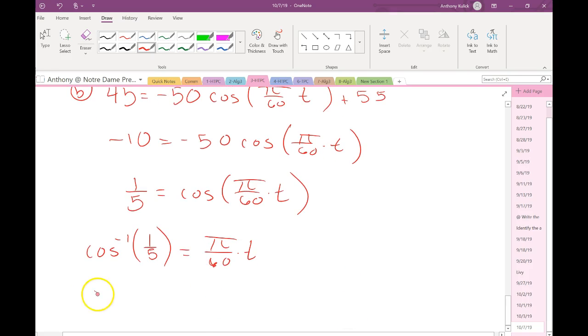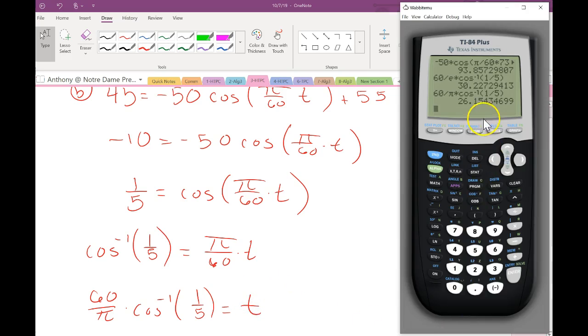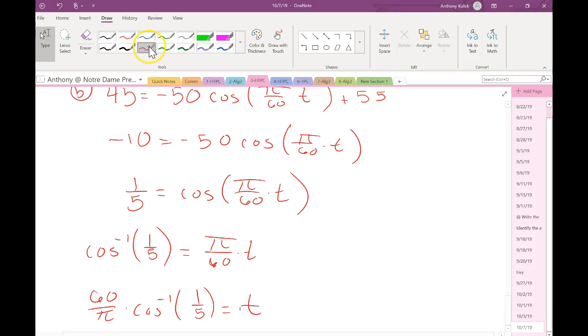And then we'll just multiply both sides by the reciprocal. And we're done. When I type that into my calculator, I get 26.15 seconds.